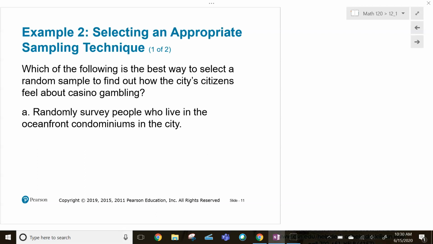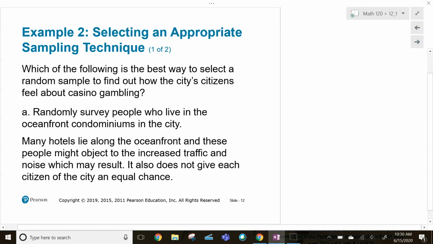You say no, because these condominiums lie along the oceanfront, so they're going to object to the increased traffic and the noise. Again, not everybody in the city has an equal chance. It's probably very touristy in that area as well. So not a good representative sample there.